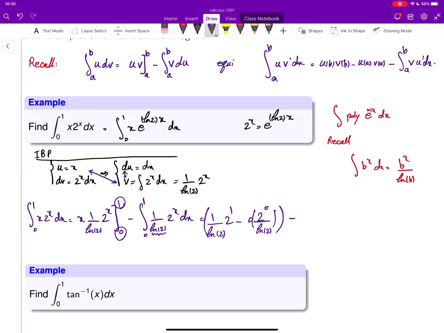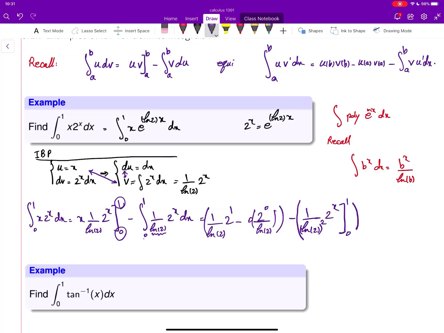The second part: what is the integral of 1 over ln 2 times 2 to the power x? 1 over ln 2 is just a constant, so let me put that there. Then the integral of 2 to the power x is 2 to the power x over another ln 2, so the ln 2 here has to be squared. That's the antiderivative. This is a definite integral, so you go from 0 to 1.